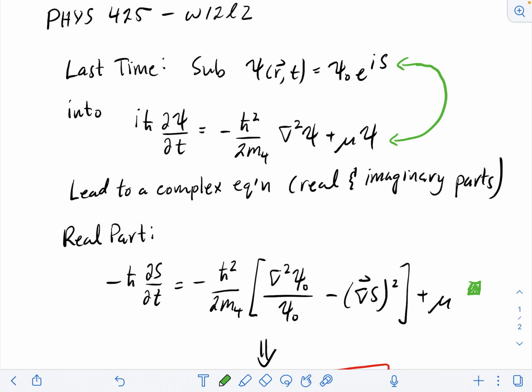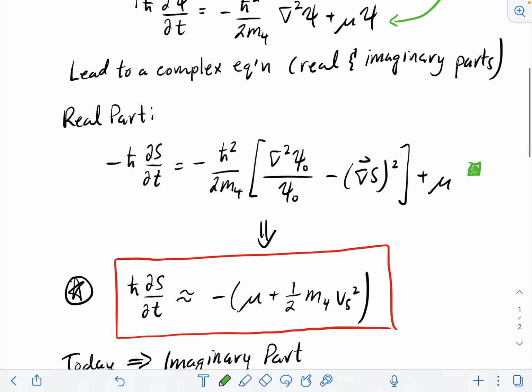We did some further manipulations, which we were able to do under certain approximations. One of the approximations we made was that the superfluid density, rho s, is approximately constant, and so we threw out a spatial derivative of the superfluid density. When we did that, we got this expression in the red box.